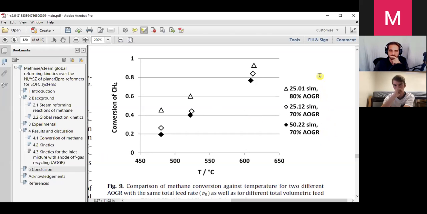Is it the units? Or is SLM a unit? I'm not sure. Yeah, SLM stands for standard liter per minute. So it's like a normalized gas flow.